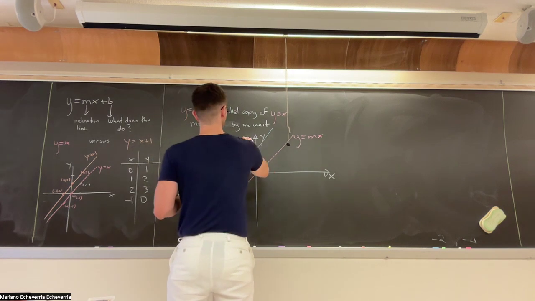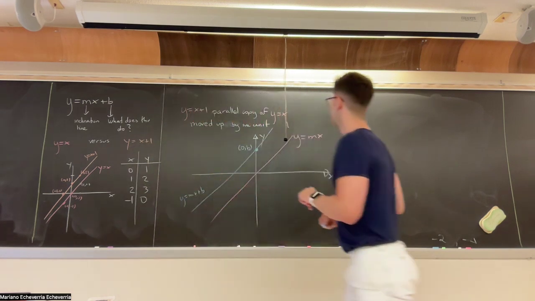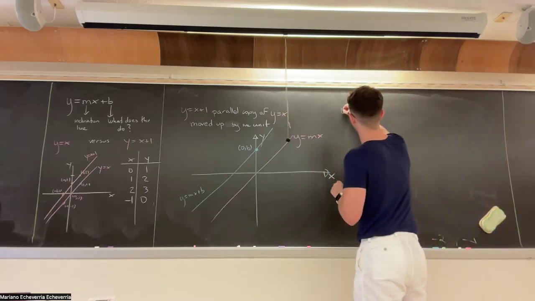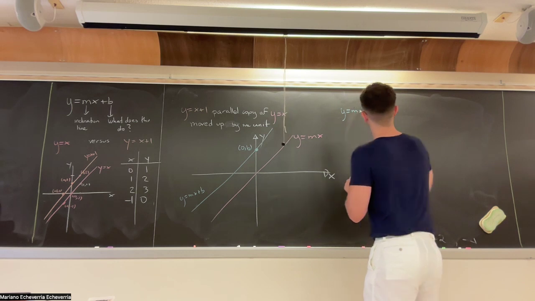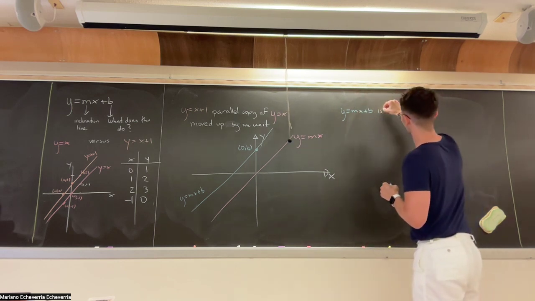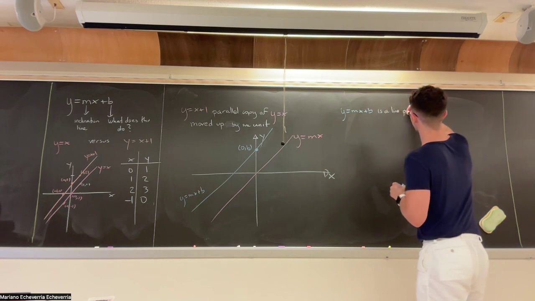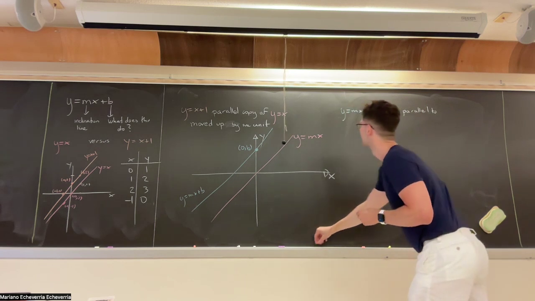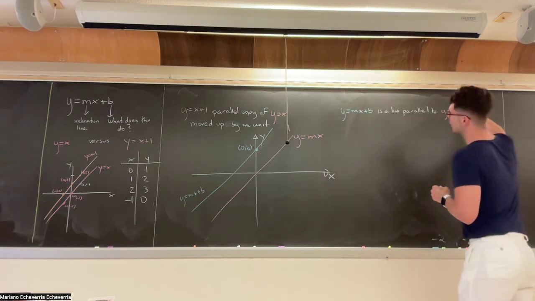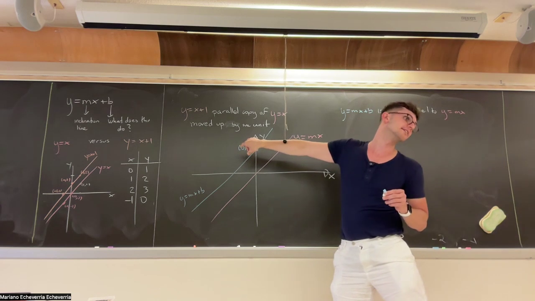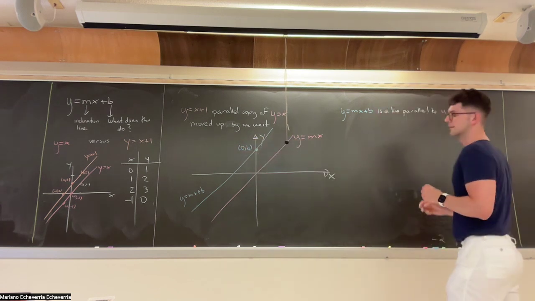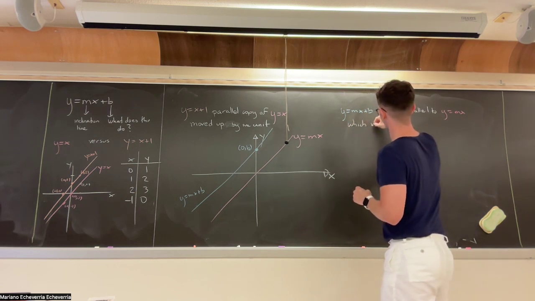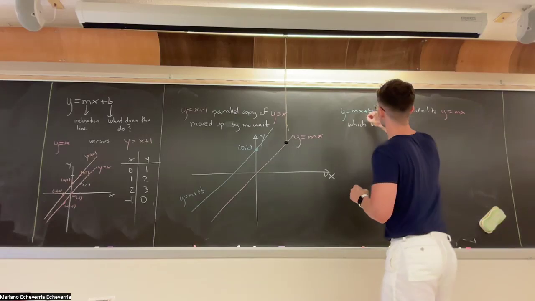So y equals mx plus b is a line parallel to y equals mx, but which intersects the y-axis at the point 0, b.